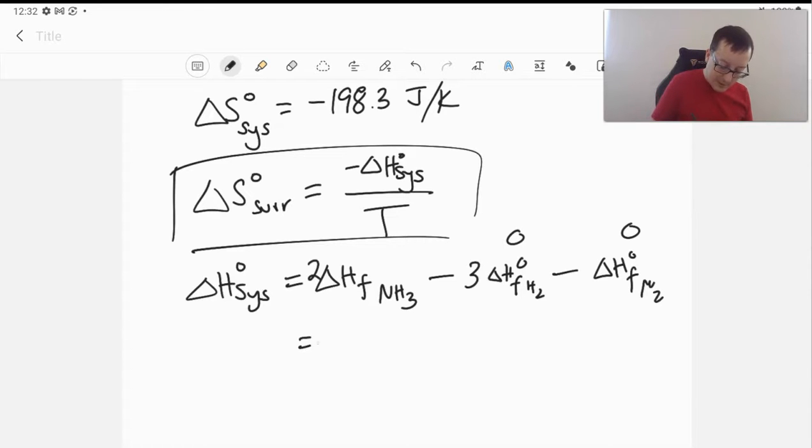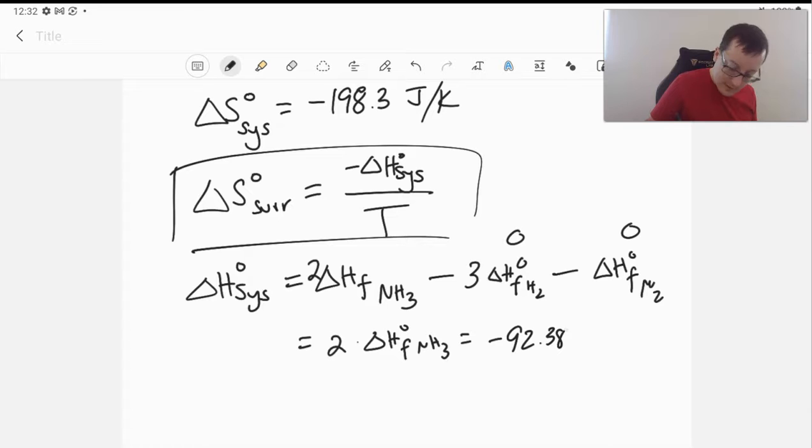So it's really 2 times delta HF of ammonia, which is going to be equal to negative 92.38 kilojoules. All right, so that's our delta H for this reaction.